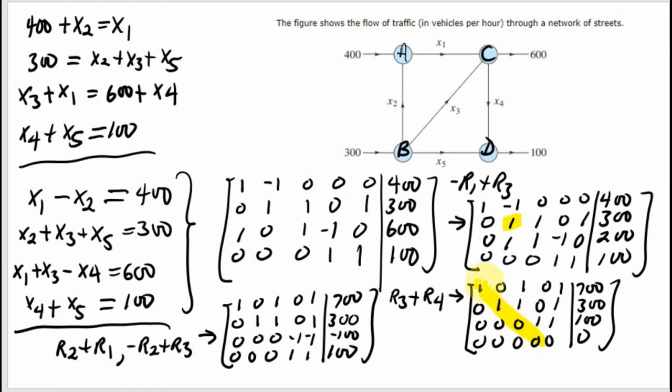Anytime we get a 0 on the main diagonal, that lets you know that you're going to have a parameter there. So let x sub 3 equal r or s or t or what have you. And it looks like the same thing here, but that's not the case because I get a value for x sub 4.